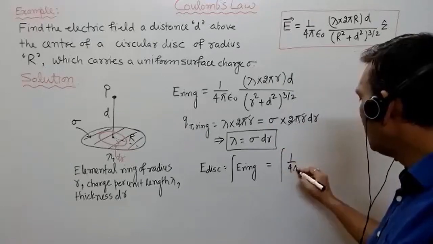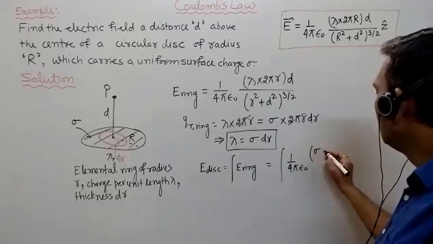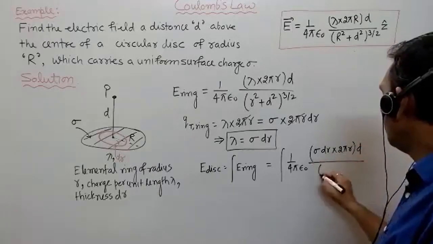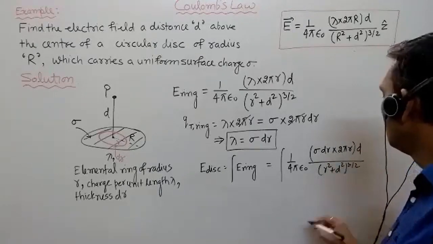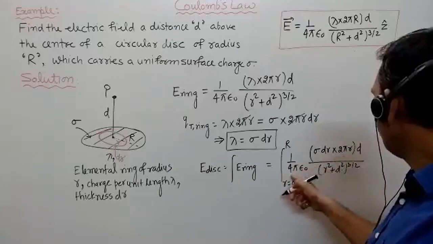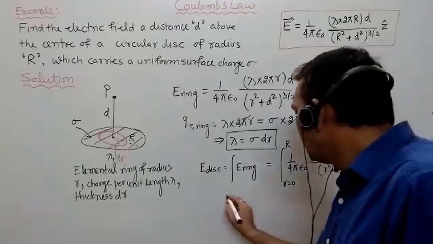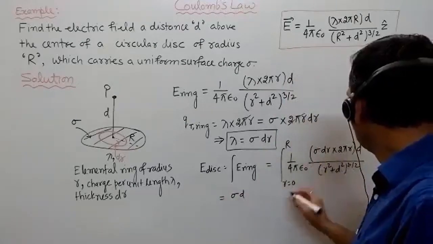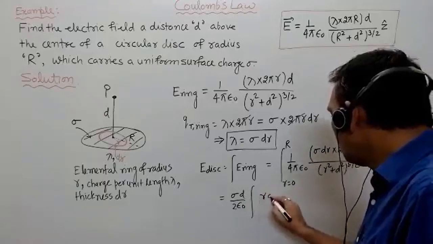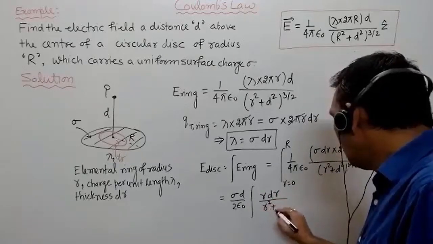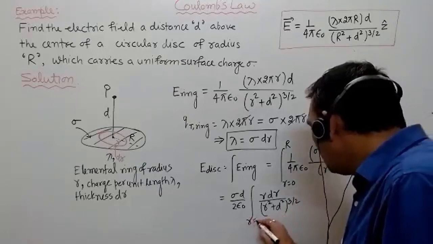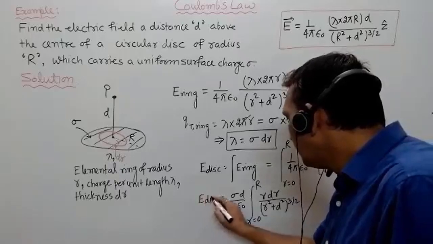Just write down 1 by 4 pi epsilon naught, lambda is sigma dr, into 2 pi r, into d by r square plus d square power 3 by 2, and limit will be 0 to capital R. So this will give you, 2 pi will cancel out, sigma d by twice epsilon naught, integral r dr by r square plus d square power 3 by 2, 0 to capital R. So you have to integrate this.